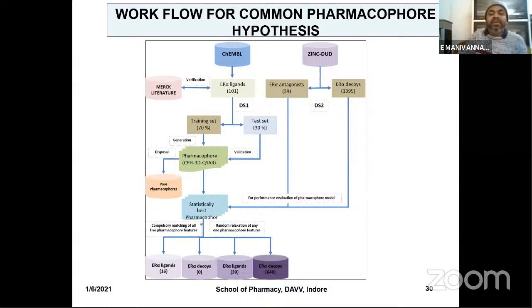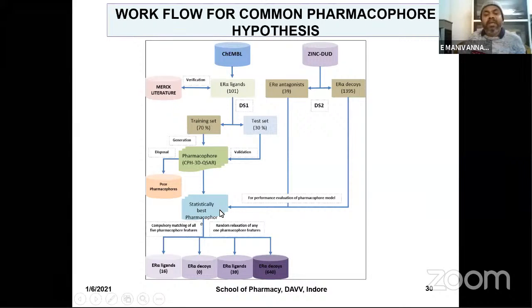The training set was used for the model development, the common pharmacophore hypothesis development, and 30% of the compounds in the test set were used for validation of the constructed common pharmacophore hypothesis. The pharmacophores with the best predictions were considered and the remaining poor pharmacophores were discarded.